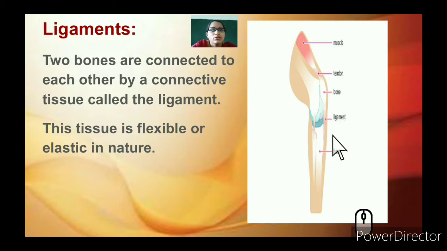Because of this ligament you are able to move your thigh bones and also the elbows. So this tissue, especially the ligament, is flexible and elastic in nature.